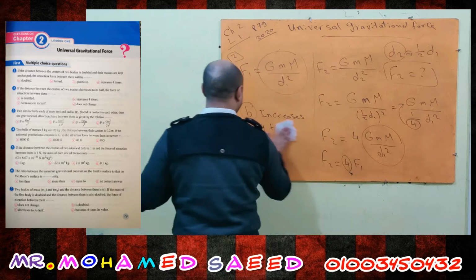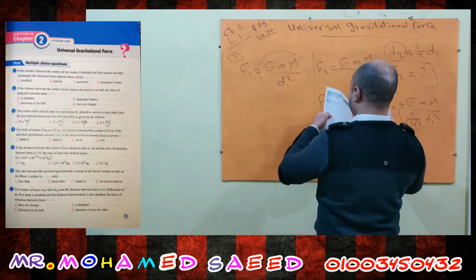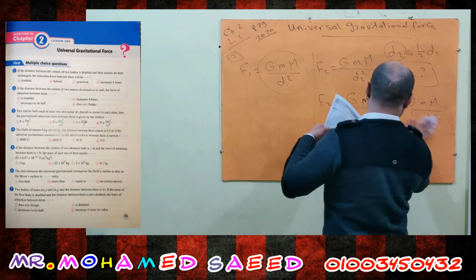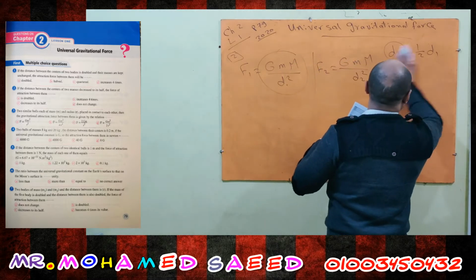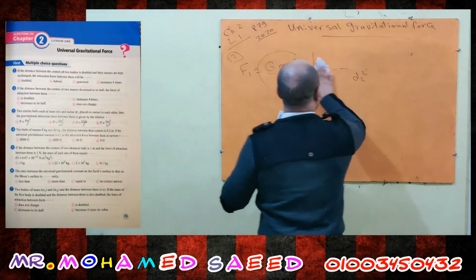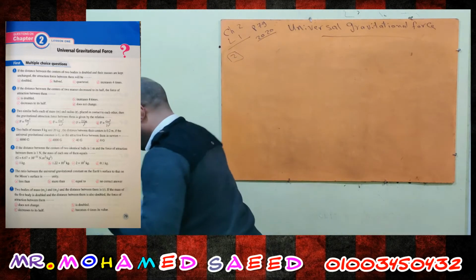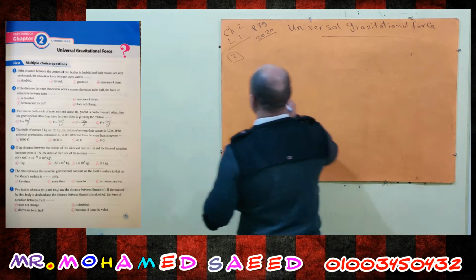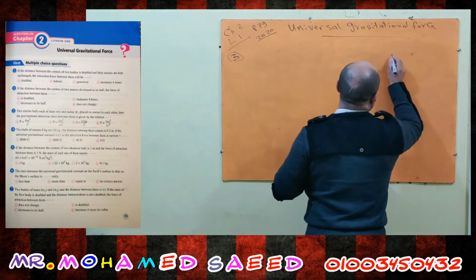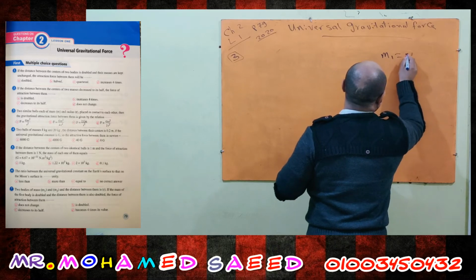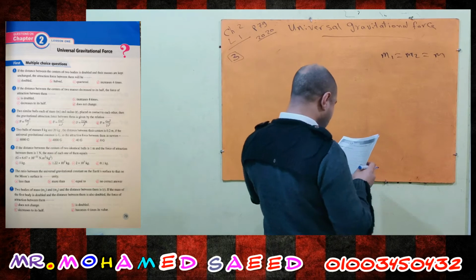Okay, question number 3. Two similar poles means M1 equals M2 equals M, for example.